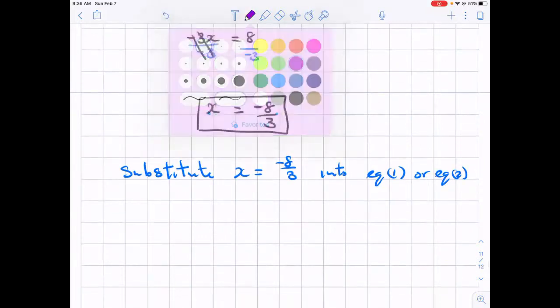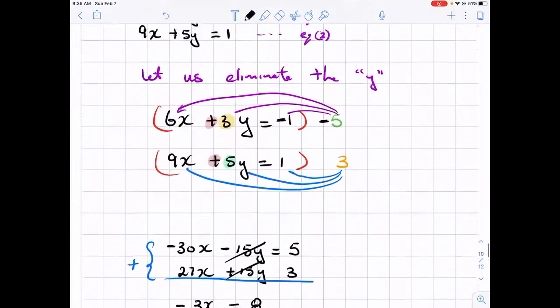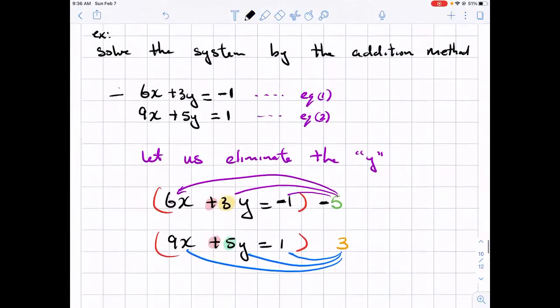So let us choose equation 1. And equation 1 we knew is 6x plus 3y equals negative 1. Let's just make sure we copy that correctly. 6x plus 3y equals negative 1.